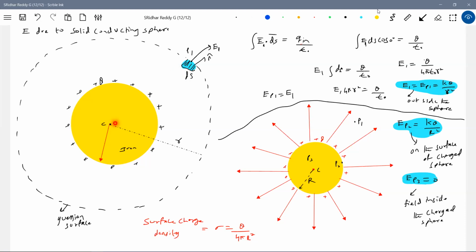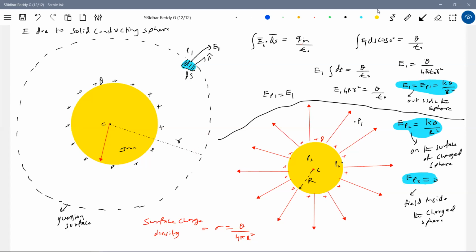I'll repeat once again: if the charge of a body is distributed symmetrically with respect to the center, then the whole charge of a body can be treated like a point charge kept at the center. Now, what is the field if I keep a point charge here at that distance? KQ by R squared. It is similar to this.